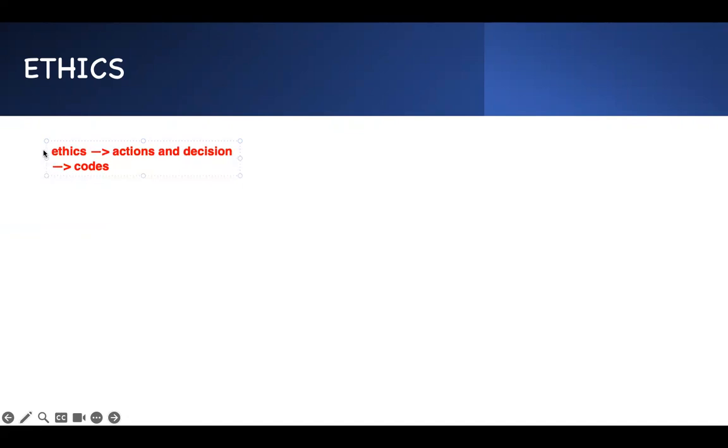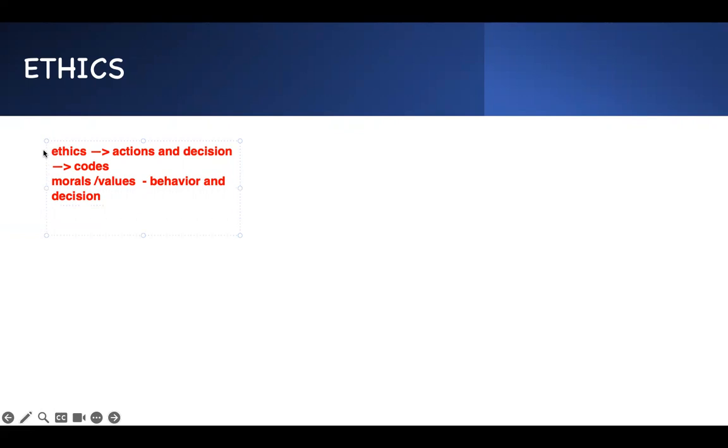So the process of making some decision, wrong or right, by these actions is controlled by certain codes that you have within you. It can be made up of your morals and your values. And these all come together. This is what you hold. It guides your behavior and helps you make certain decisions relating to stuff.